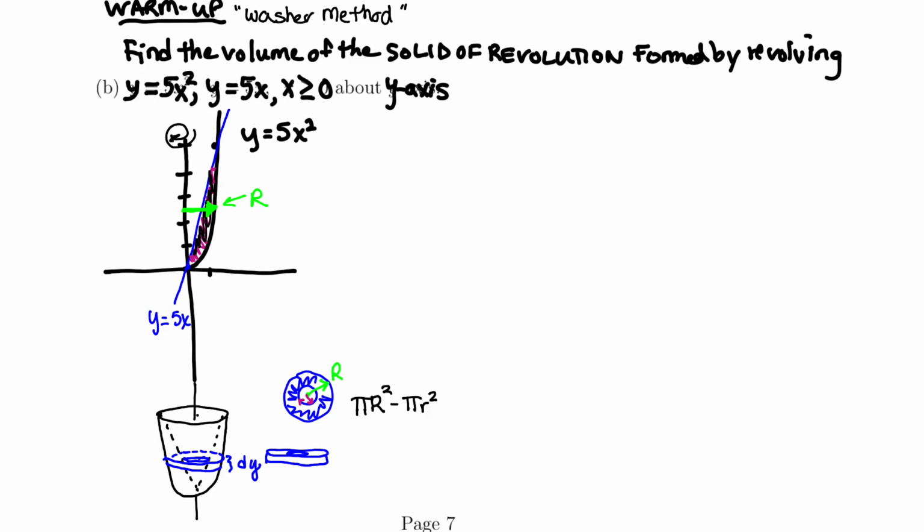And I've got my little circle, which is created with the innermost curve. And R is always measured from your axis of rotation. So I will write that down. Your R value, always measured from your axis of rotation.